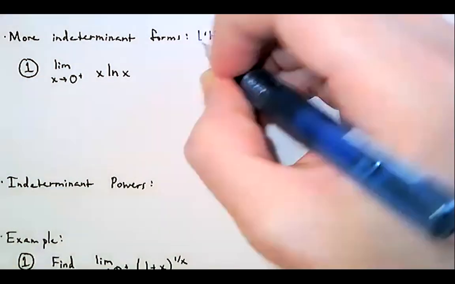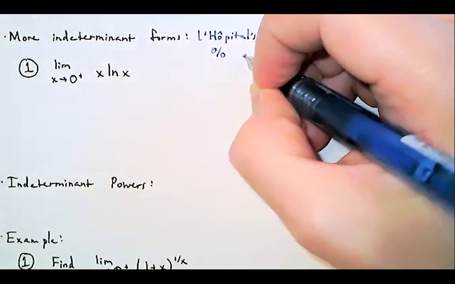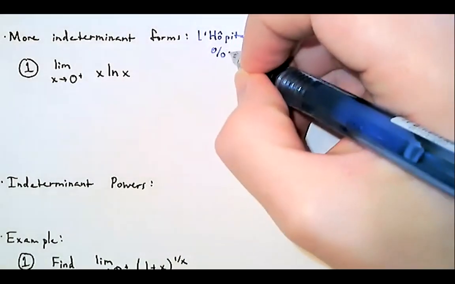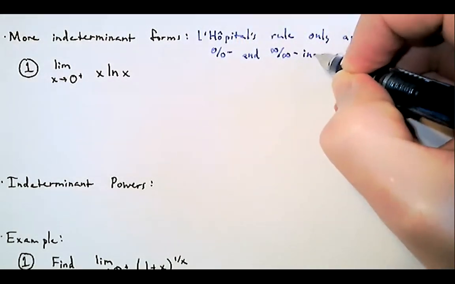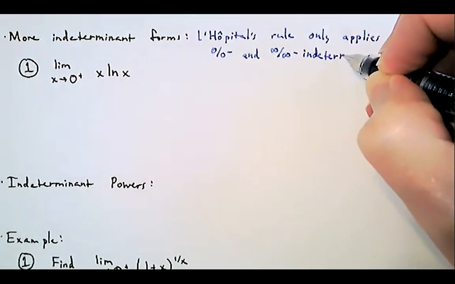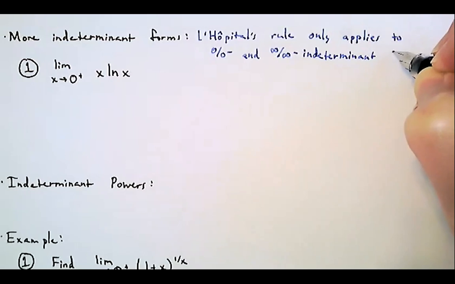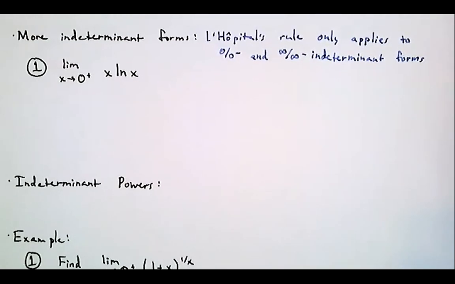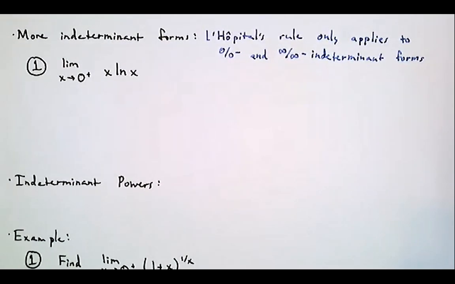So it only applies to 0 over 0 and infinity over infinity indeterminate forms. All of the other forms that we saw on the first page, like 1 to the infinity power, infinity minus infinity, all of those, L'Hopital's rule does not apply, or at least not directly. We have to do some extra work.